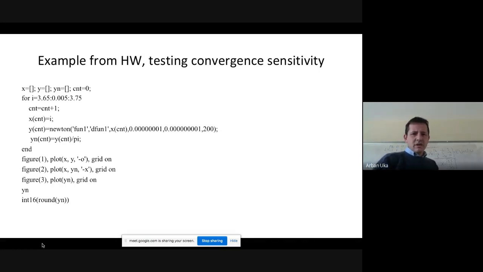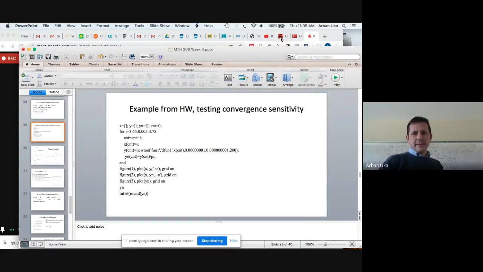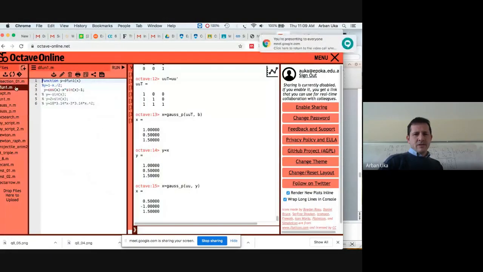So here, this is the code that I put together where I'm trying to solve the function using the Newton-Raphson method to find the root for the specific function, which in this case, if we go here, apparently is this one, cosine x minus x sine x.